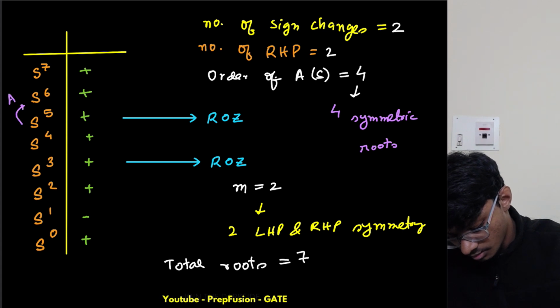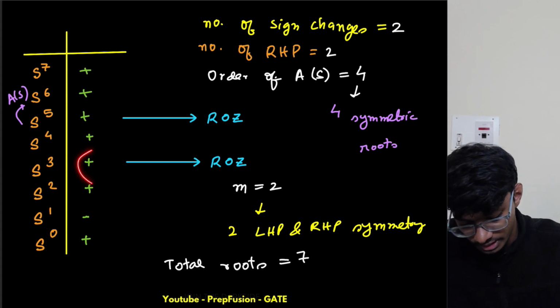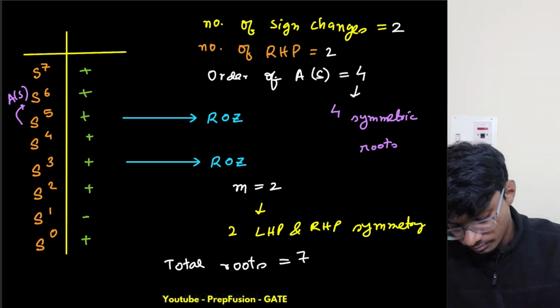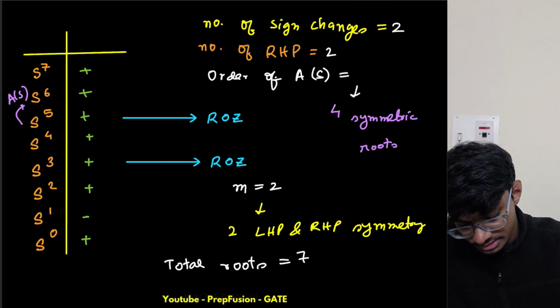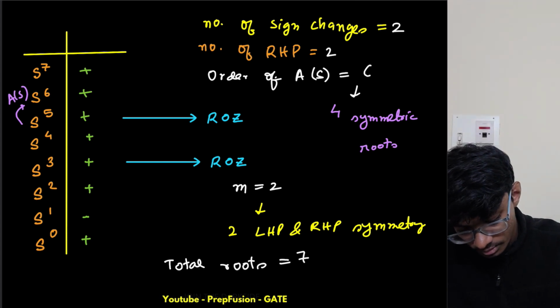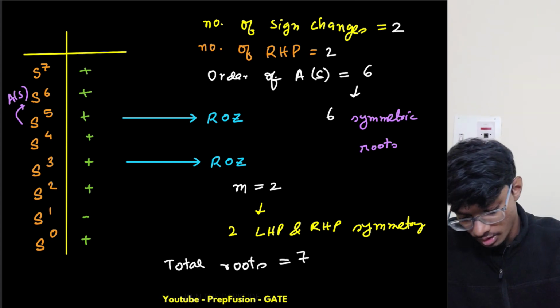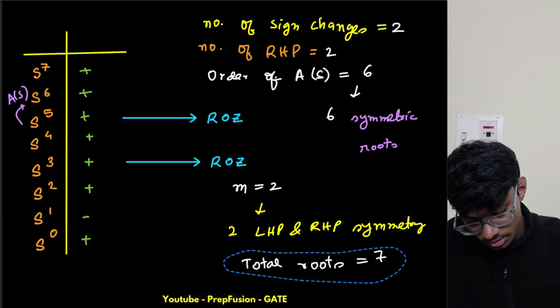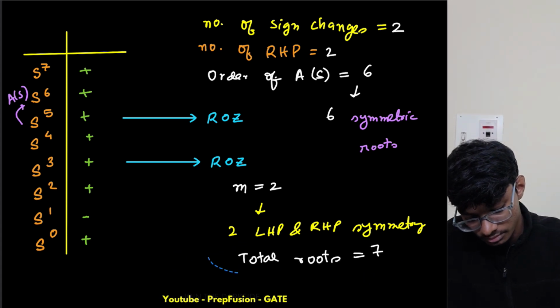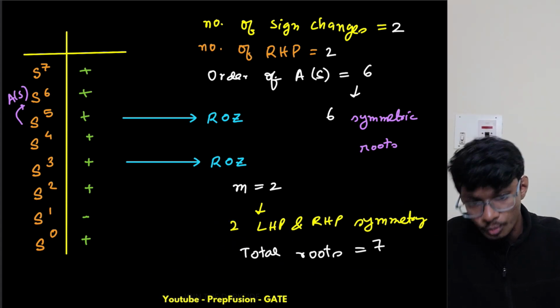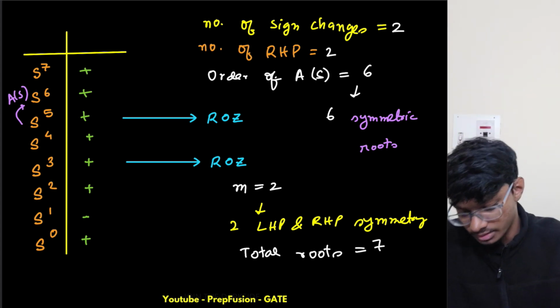The order of my auxiliary equation is 6, and I will get my repeated poles also, because here I have got ROZ. Hence I will have 6 symmetrical roots, and I have 2 ROZ, so I will have 2 pairs of repeated roots.